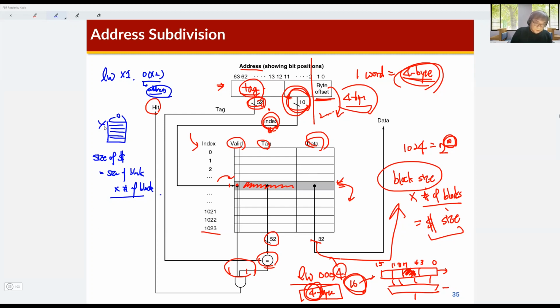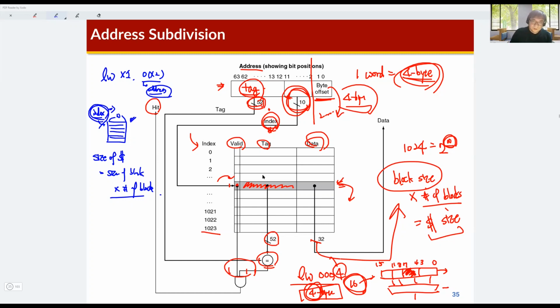The address for this cache is called the index. Because we think of the cache as a group of cache blocks, the address to a certain block is called the index. So we can access a certain block in this cache with the index of the block.